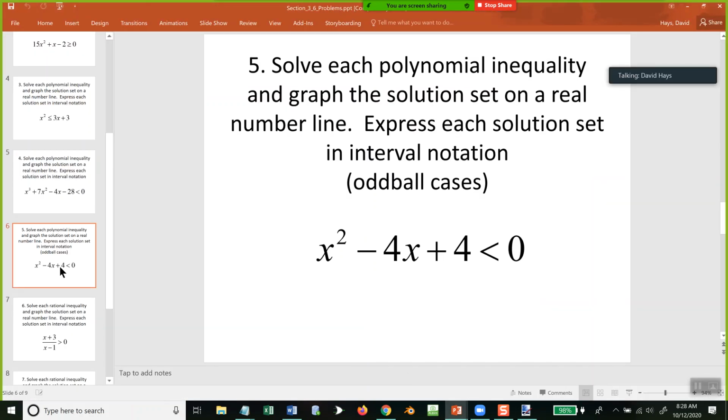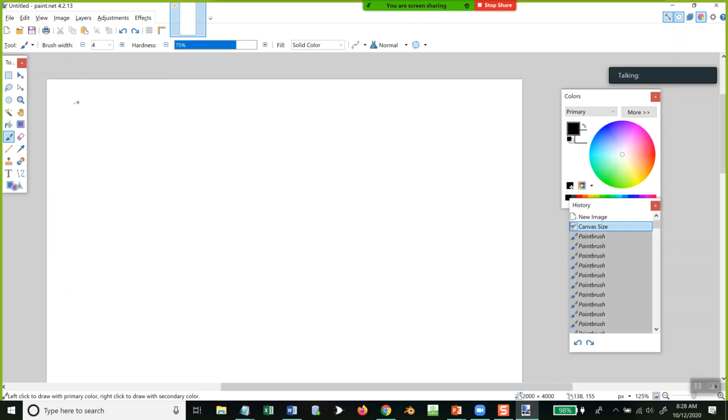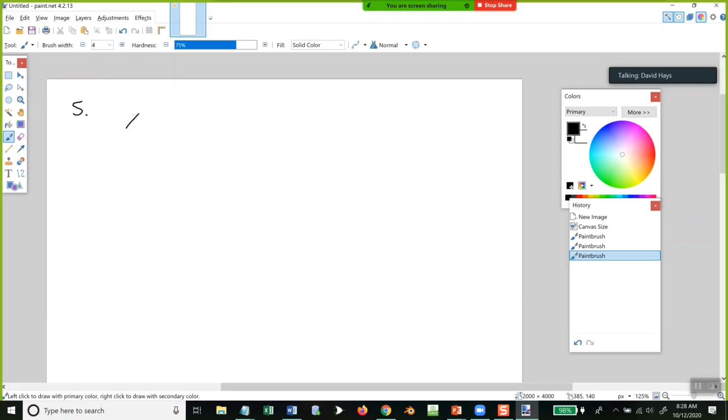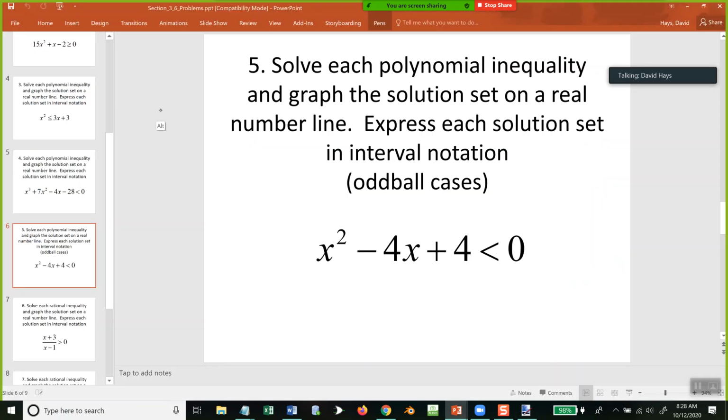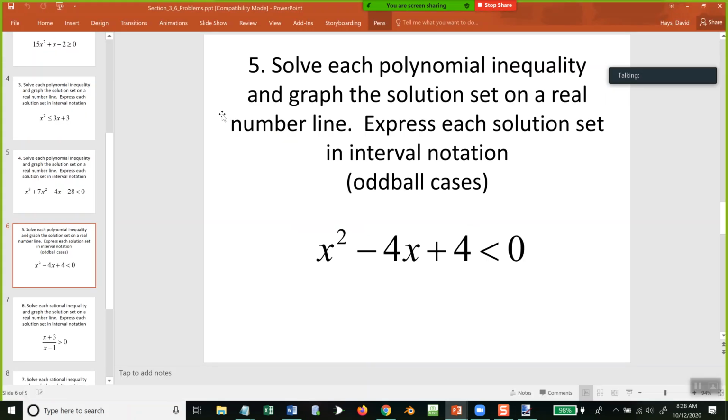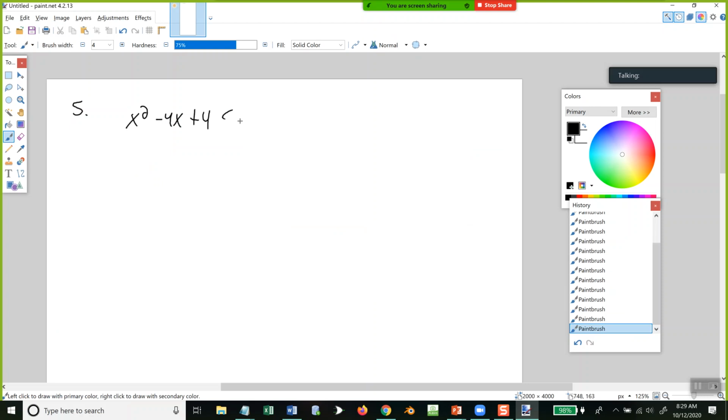One more. This is an oddball case. This one example does not indicate all the different oddball cases you run across. Okay, step 1, get everything on the left side, 0 on the right side. That's done.